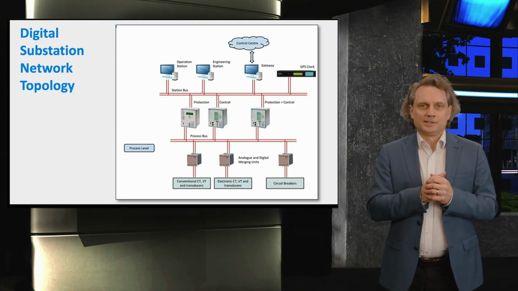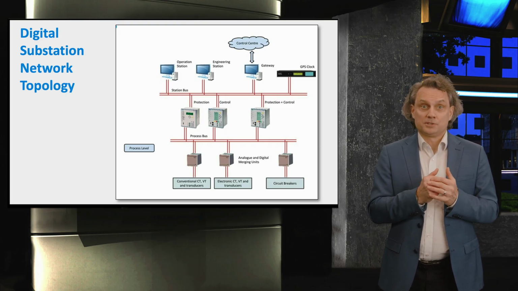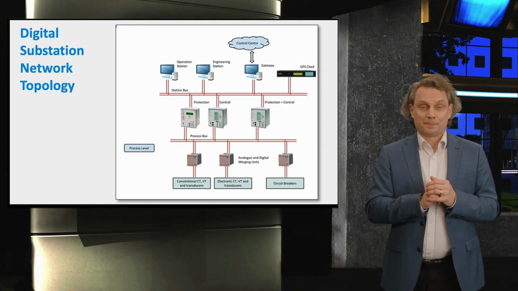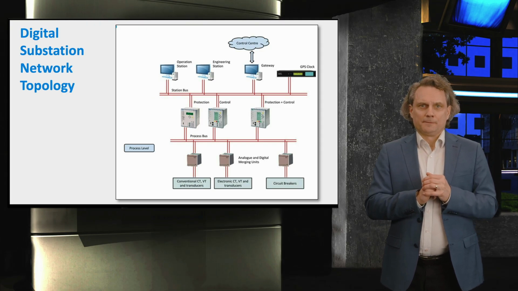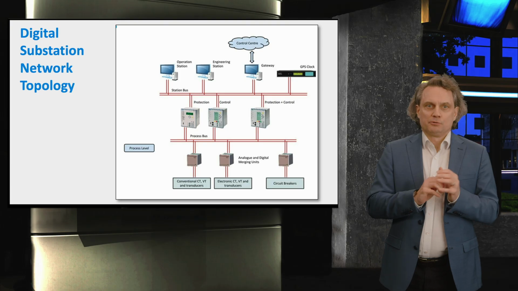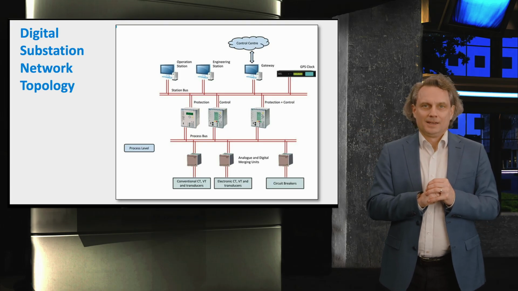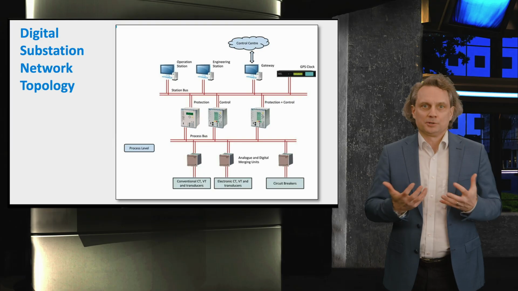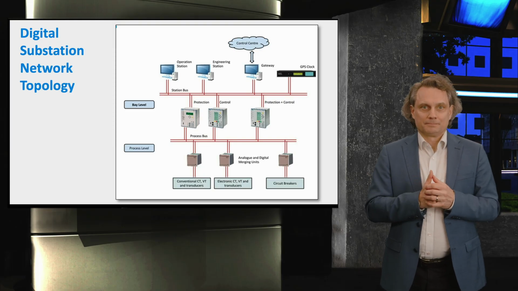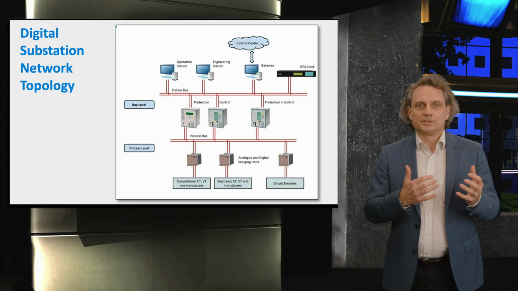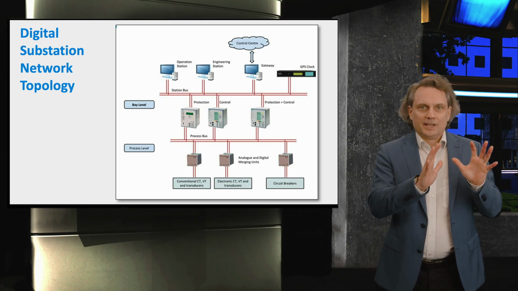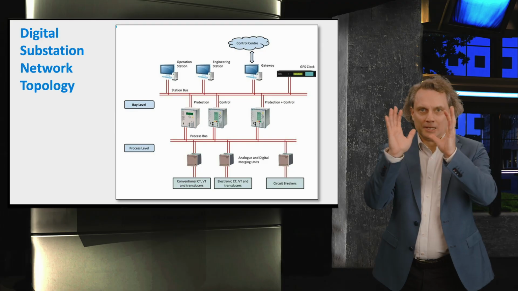The process bus sends measurements of interest to any interested device. One set of data can also be sent to a group of devices. We call this multicast. The recipients of consolidated data from the process level are located at the protection and control level, or the bay level. At this level, we have a set of control and protection devices specifically dedicated to particular power lines.